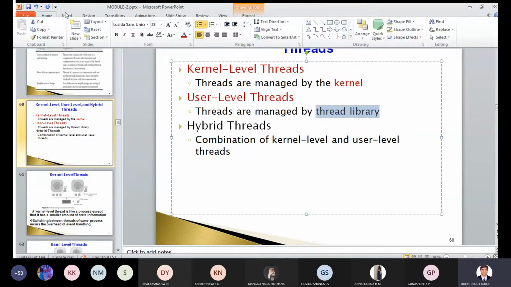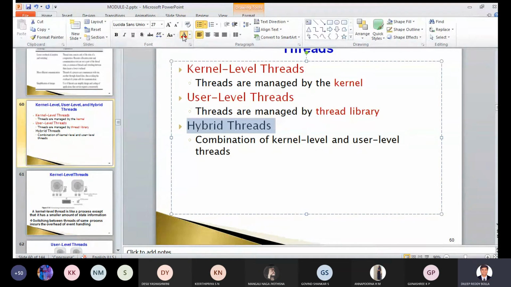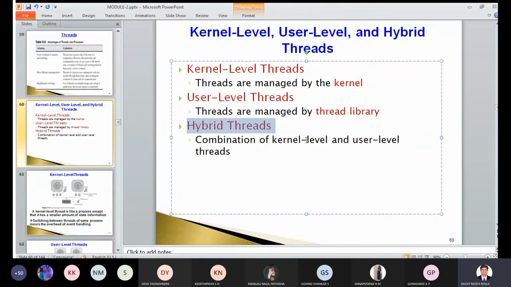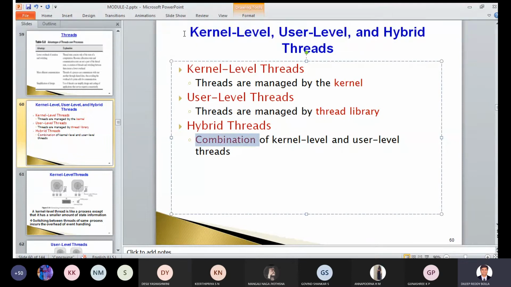So this thread library will manage the threads. Whereas in the case of hybrid threads, it is the combination of kernel level and user level threads. Combination means some features of user, some features of kernel. Okay, the hybrid thread. So let us see kernel level and user level one by one.